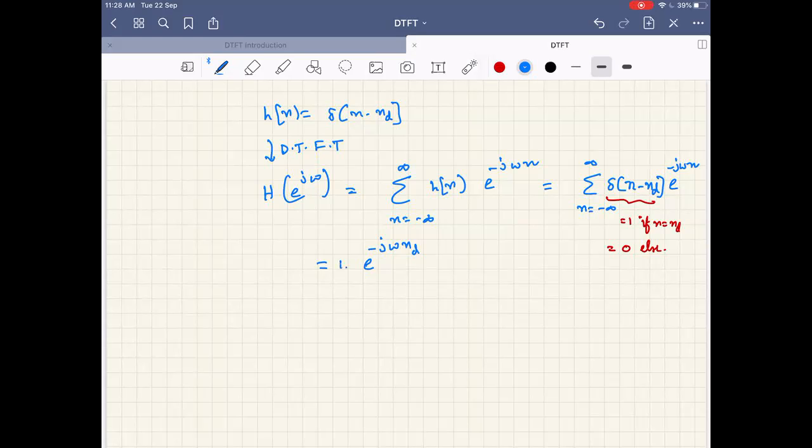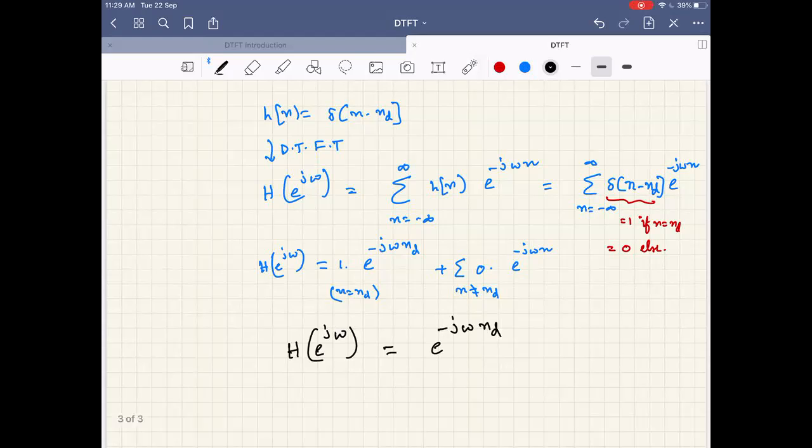So explicitly 1 into this plus 0 into all that, summation of 0 into e power minus j omega n, where n not equal to nd. I have separated the n equal to nd case and the n not equal to nd case. So finally we can write the Fourier transform h of e power j omega is equal to e power minus j omega nd.